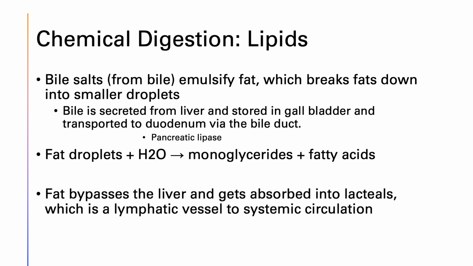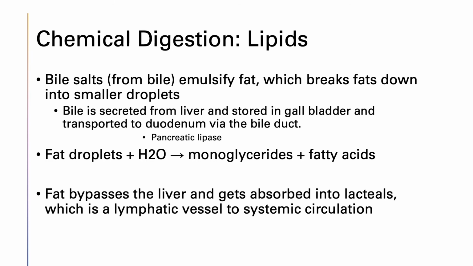Emulsification is the process of surrounding each fat droplet and breaking the fat down into even smaller droplets. That process is really important because it's the first step in breaking down the fat into smaller pieces. So that's called emulsification, and bile does that.